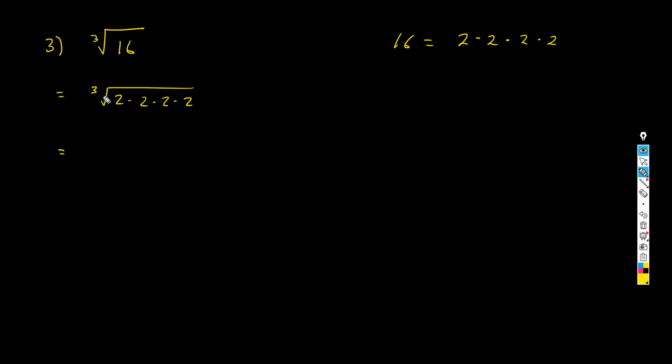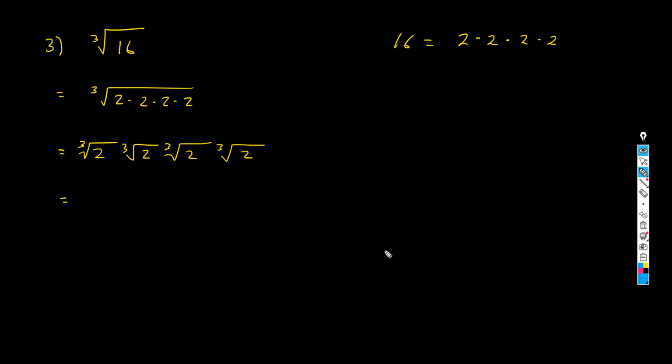Next, I divide the radical into each of the factors. So this will be equal to the cubic root of 2 times the cubic root of 2 times the cubic root of 2 times the cubic root of 2. So far so good. Now, how can I simplify this? Well, we know the following.